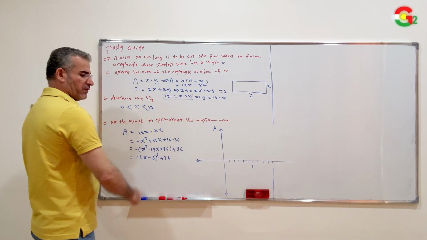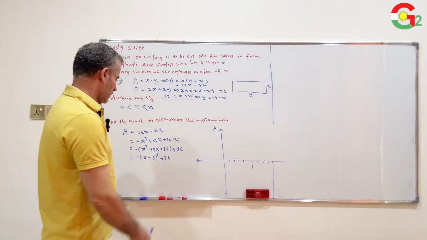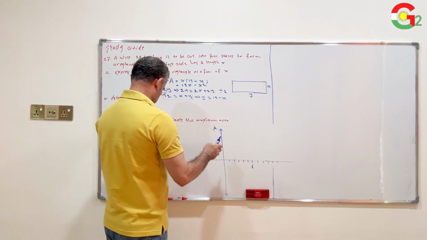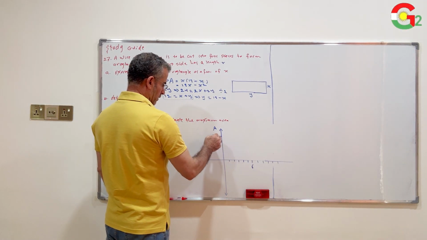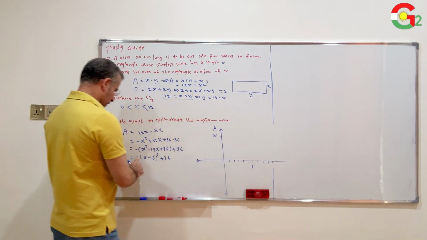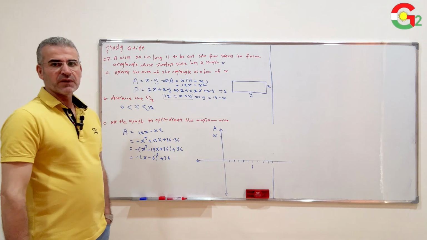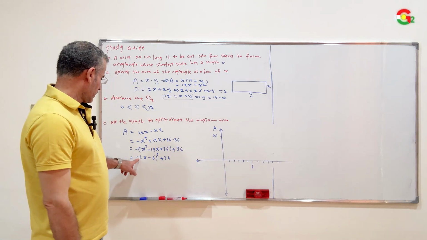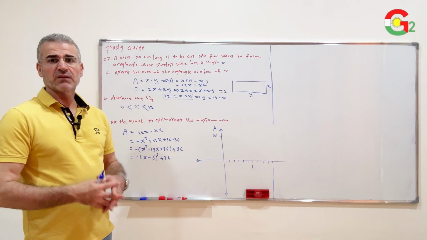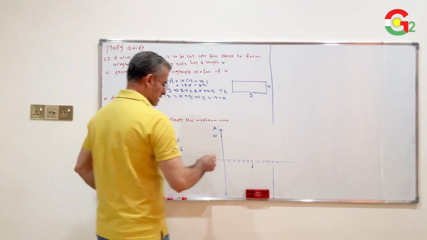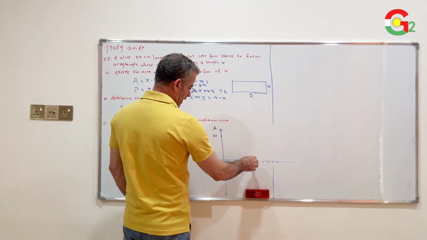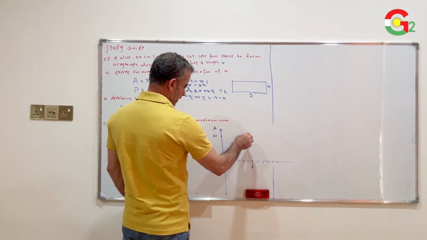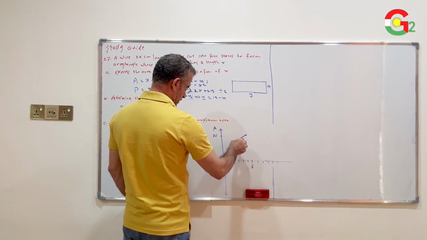And we have a 36-unit vertical shift upward. Let me set 36 here. And the graph is, as you see, preceded by a negative. Then I have a reflection about the x-axis. This parabola opens downward. The vertex is at (6, 36) here.